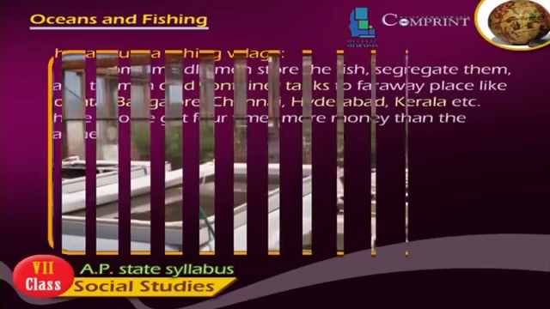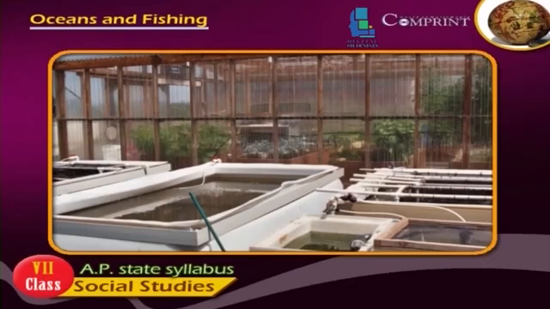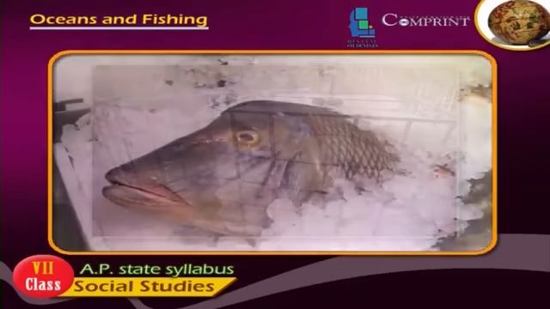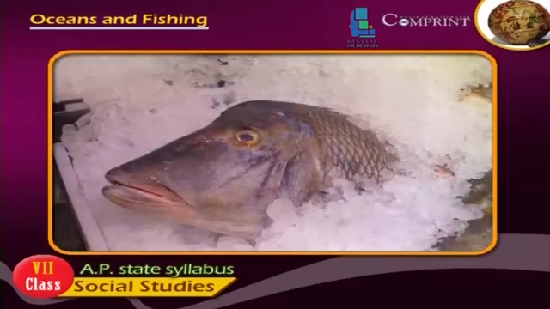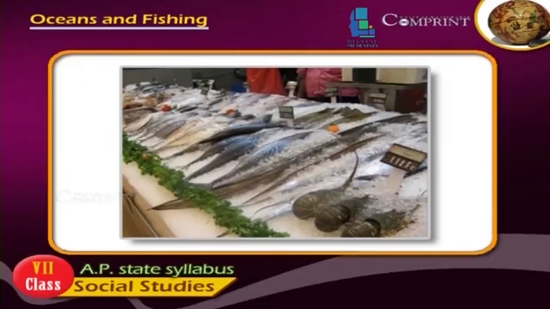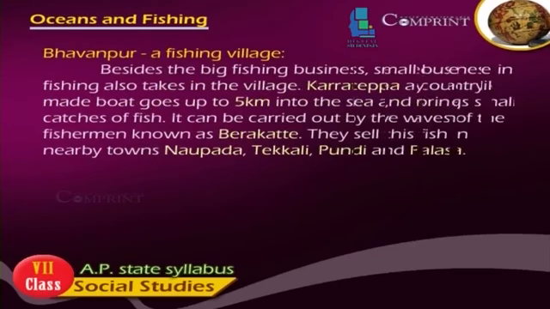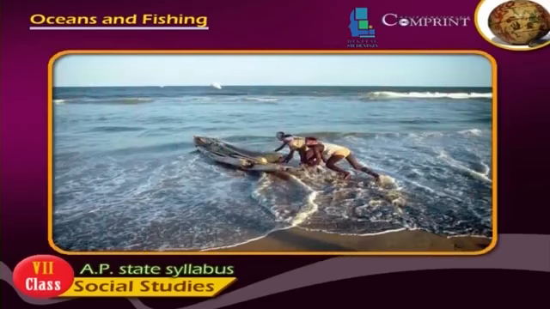Some middlemen store the fish, segregate them, and carry them in cold container tanks to faraway places like Kolkata, Bangalore, Chennai, Hyderabad, Kerala, etc. These people get 4 times more money than the catcher. Besides the big fish business, small business in fishing also takes place in the village.